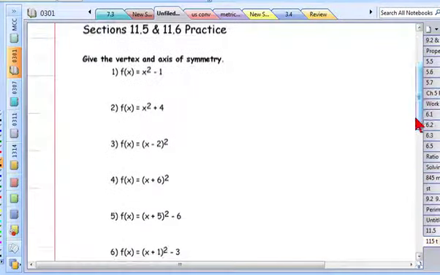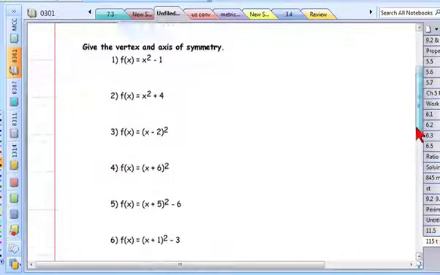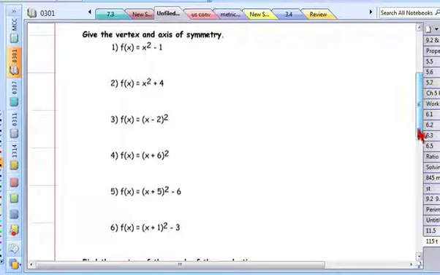All right. So I will copy down each problem as I need to, but you could print this out if you want. All right, the first set of 6 problems, and remember, I'm going to do number 1, number 3, and number 5. You do 2, 4, and 6.